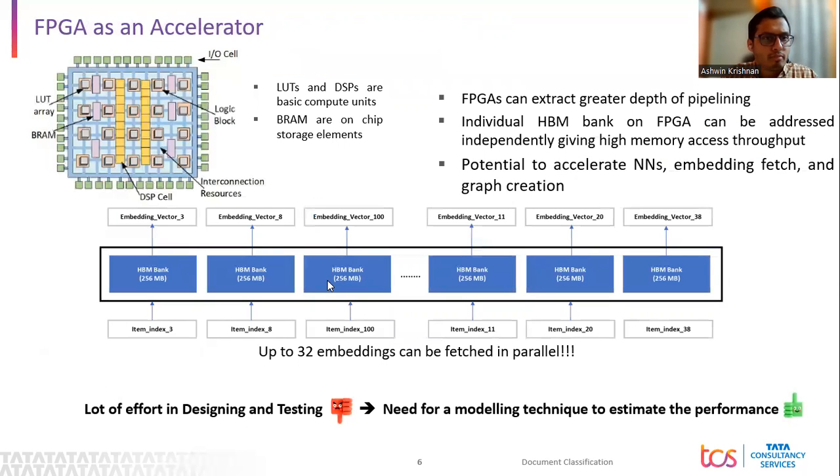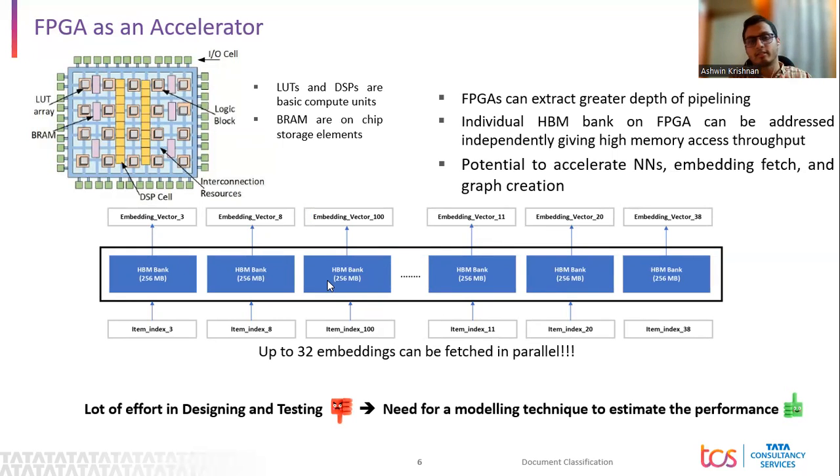Now, FPGAs are reconfigurable hardware that has thousands of DSPs and LUTs and even thousands of block RAMs that have great potential to extract a higher level of pipelining or greater depth of pipelining. Also, the recent FPGAs have HBM memories incorporated with them.